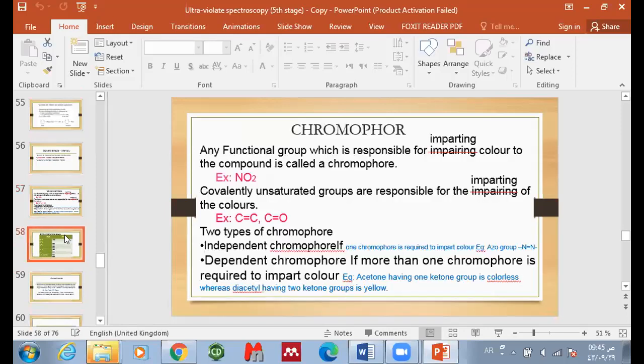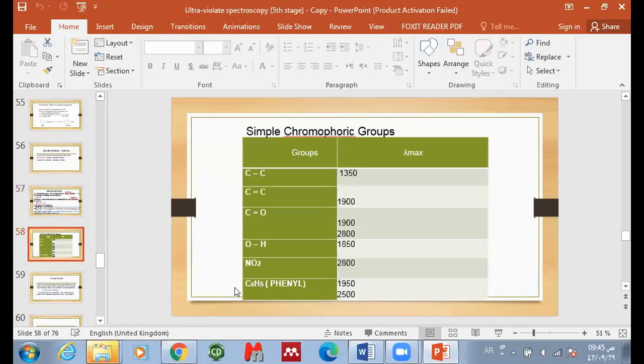So, for example, we have some groups here. You have to save them in your memory. So simple chromophoric groups. C≡C can absorb at this maximum absorbance. C double bond C at 1900.